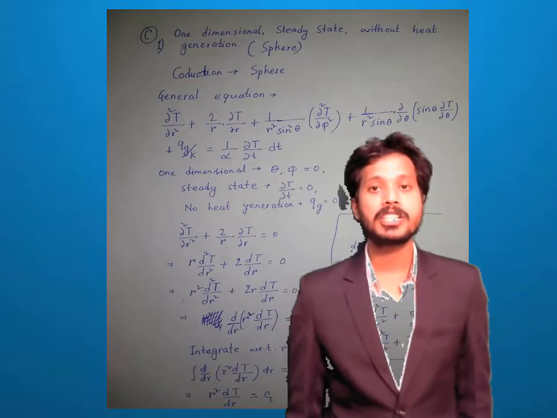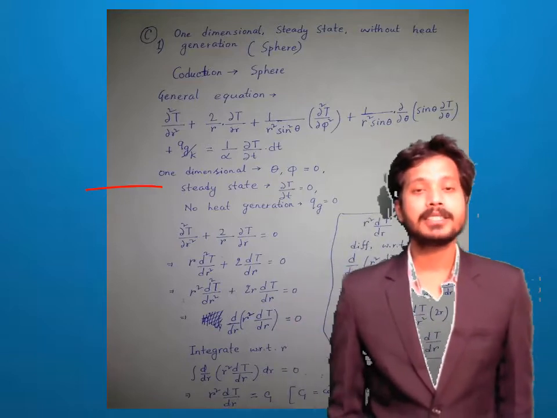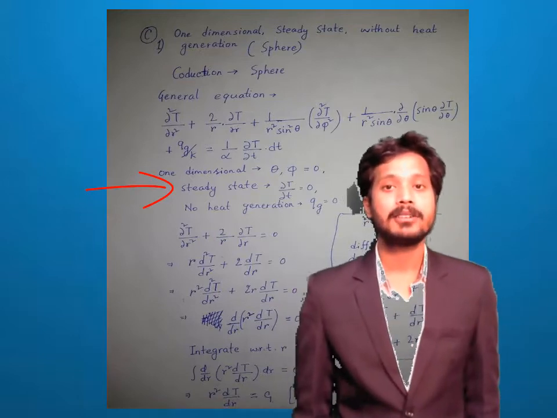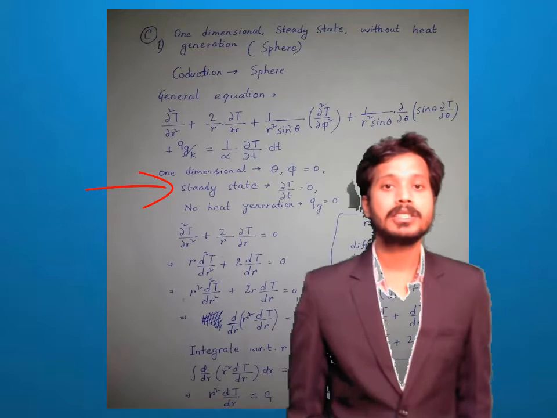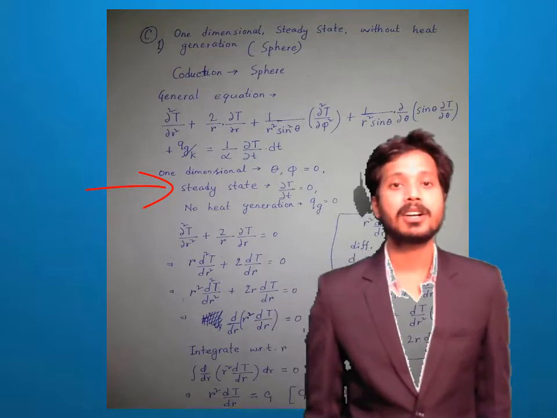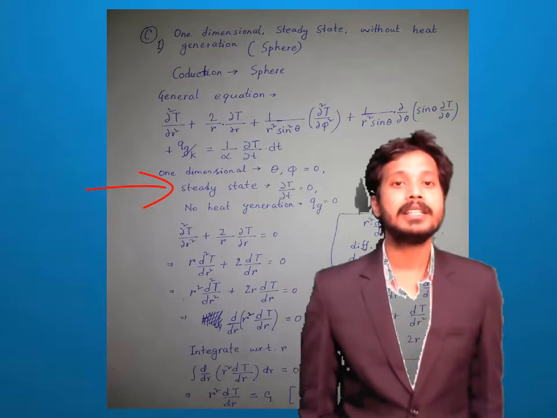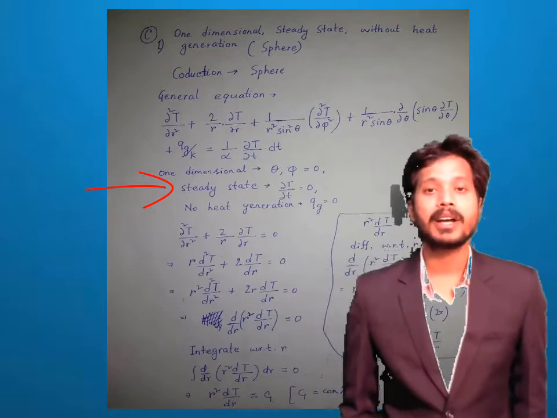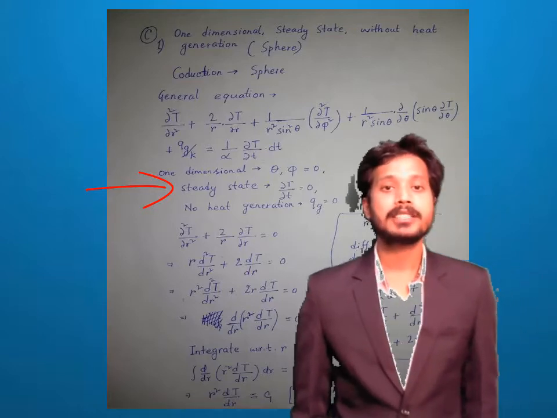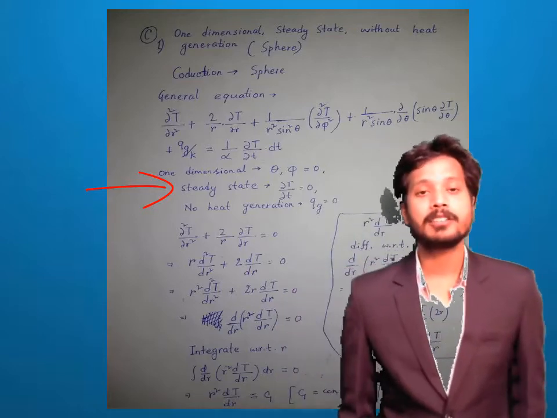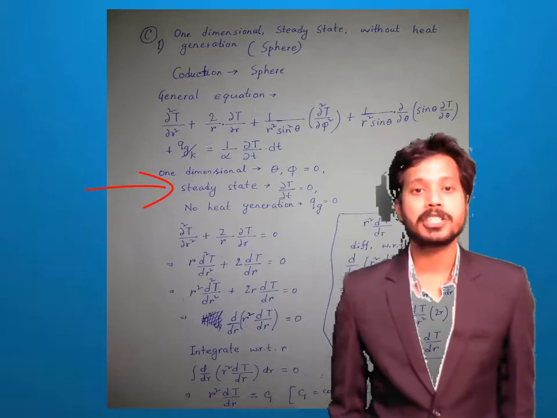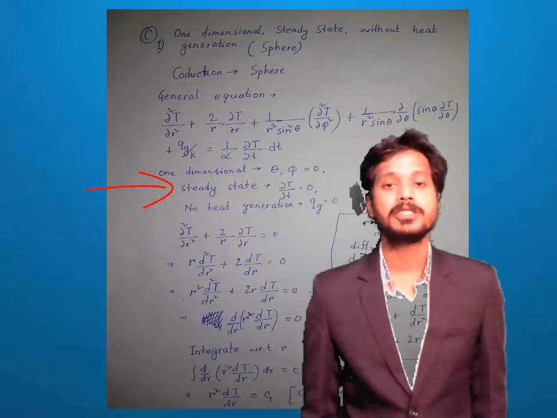Now as per the conditions, the first is one dimensional. Here three dimensions are there: r, phi and theta. We consider only r and neglect theta and phi, so only the del T by del r and del 2 T by del r2 terms will be present. The next condition is steady state, so the rate of temperature change del T by del t will be zero.